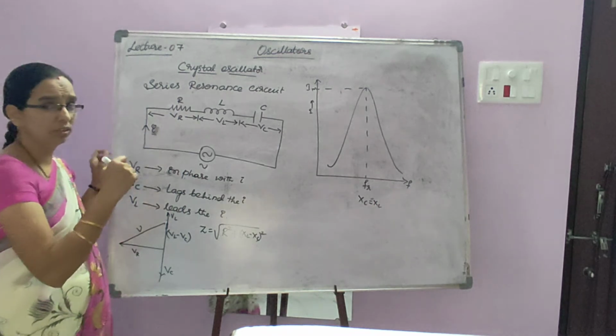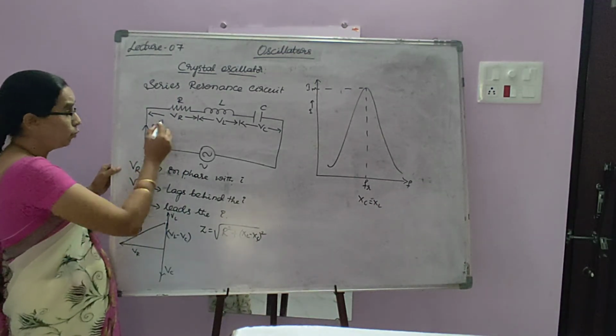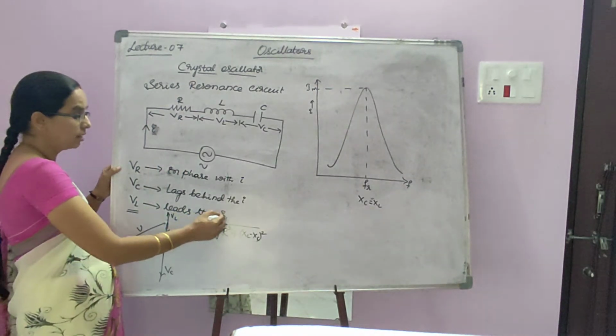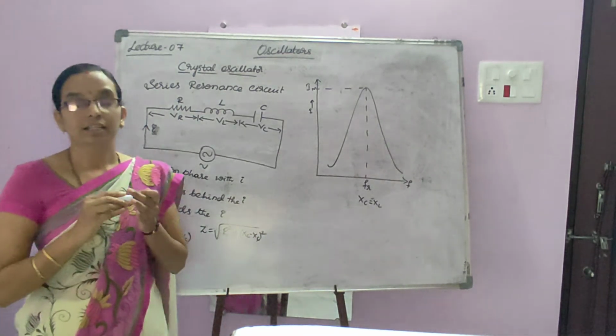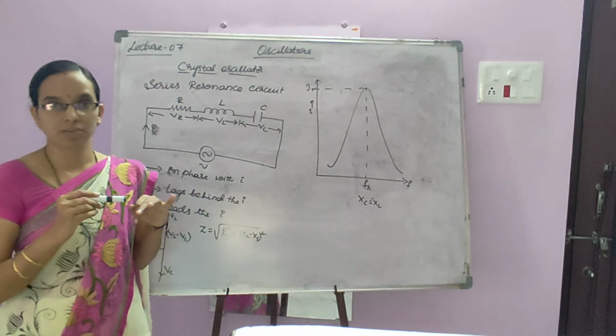That we have drawn in the phasor diagram and shown. And the voltage across the inductor, VL, leads the current I. That means in inductors the current is lagging behind the voltage.